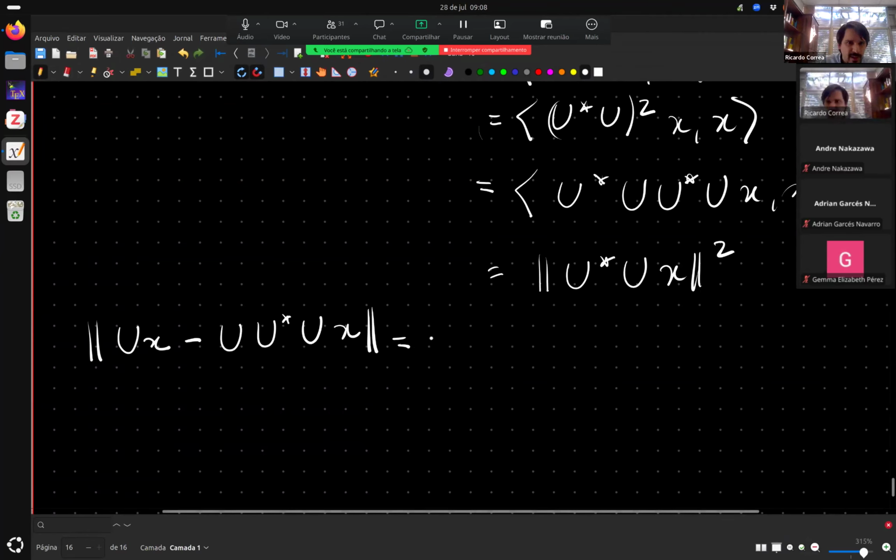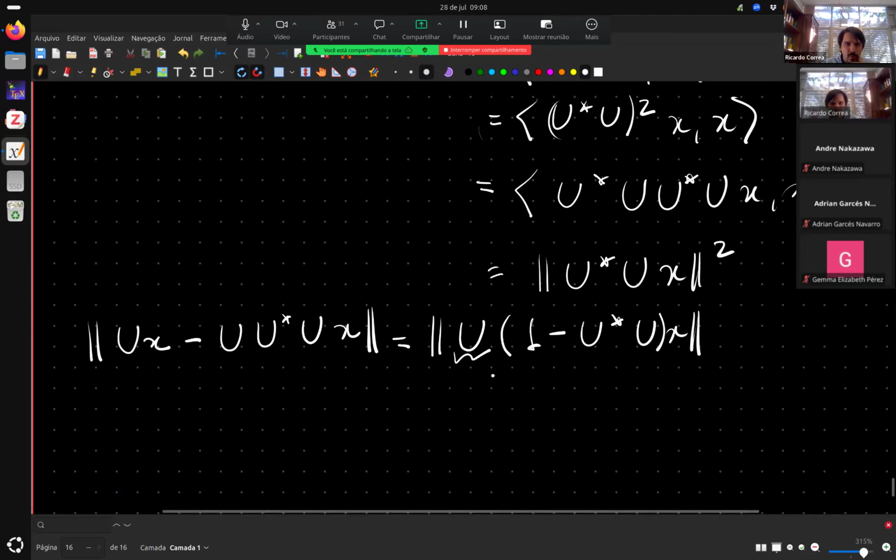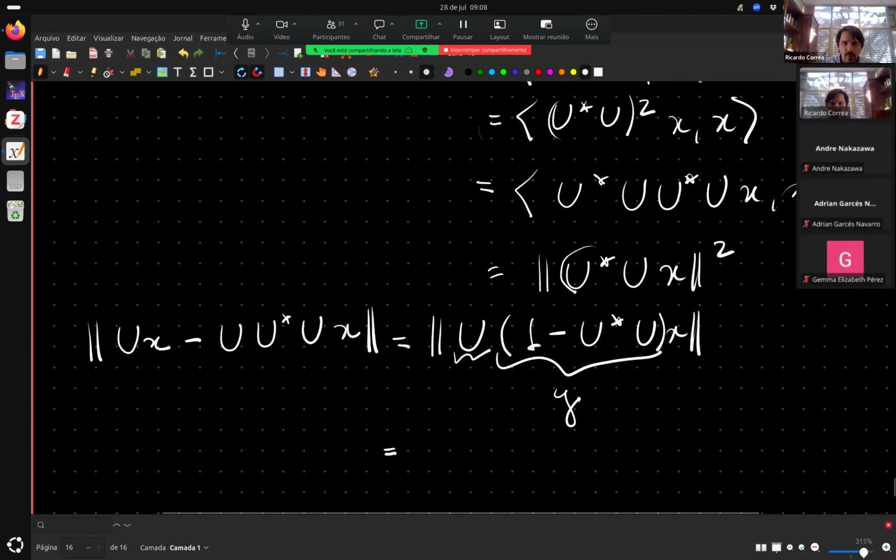One thing I can do is put the U in evidence, so this is U applied to x minus U star U x. But I just learned in the previous formula that if you have U applied to some vector, namely this one, the norm is the same if I put an extra U star.